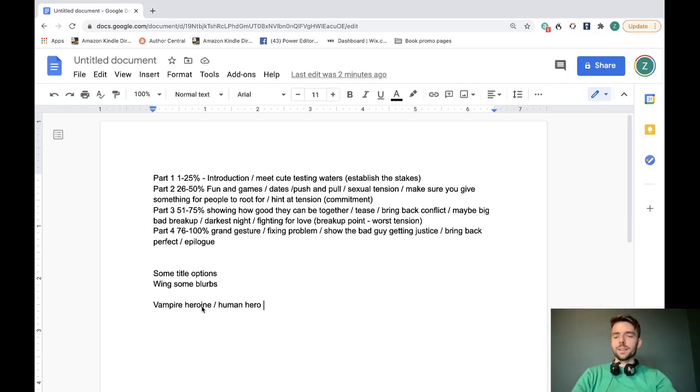So I'm gonna just type some things as I'm thinking. I could have her be a new vampire, because that has the connotation of, you know, she's still figuring things out, uncertain, and maybe she got accidentally turned into a vampire, and maybe that gives her powerful enemies.